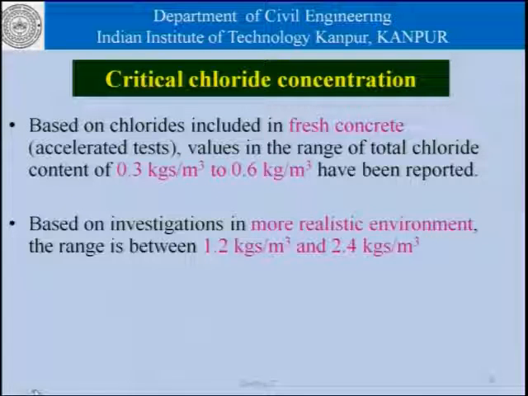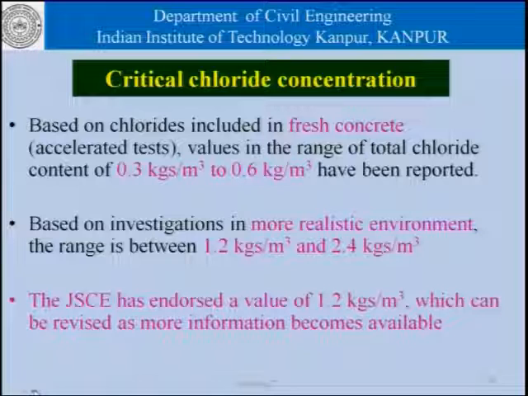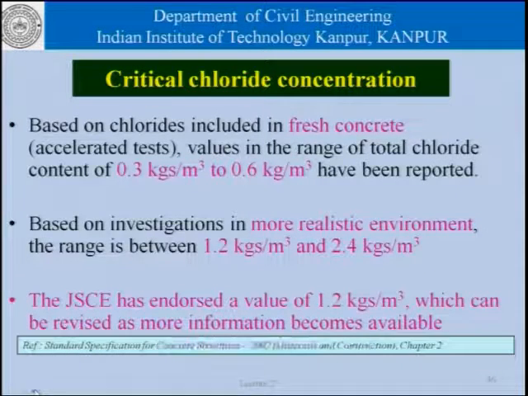Investigations based on more realistic environments have suggested values between 1.2 and 2.4 kgs per cubic meter, and the JSCE has endorsed a value of 1.2 kgs per cubic meter in the hope that the number will be revised as more information becomes available.